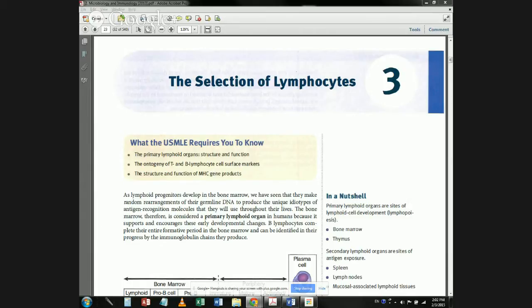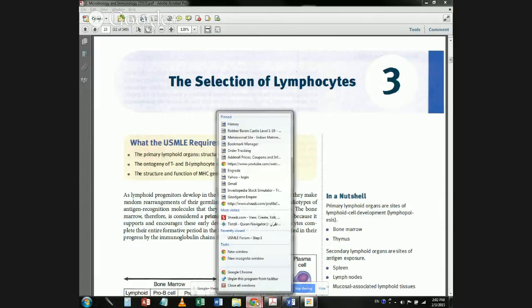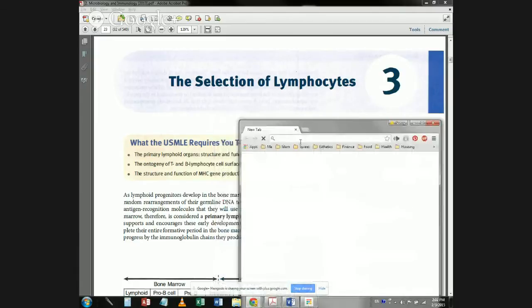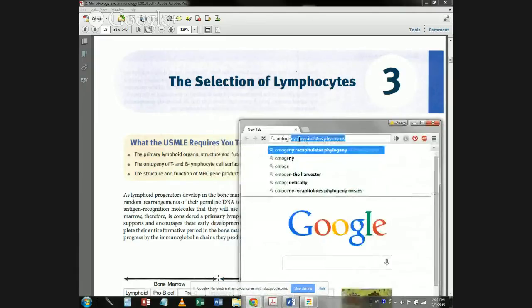They also want me to know the ontogeny of T and B lymphocyte cell surface markers. Ontogeny. There's a word that's often repeated, and I want to take a minute to look up what that means exactly. Ontogeny.